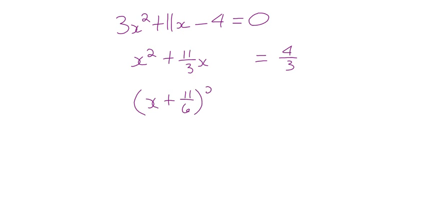What's 11 over 6? 121 over 36. Oh, I just realized something. Oh, right, that makes sense. 6 squared. Oh wait, that's 48. I just realized how hard it is to write.